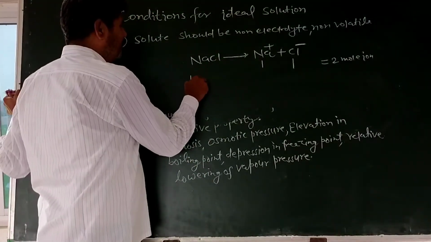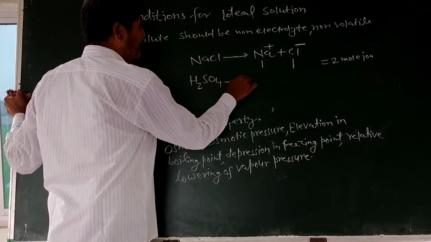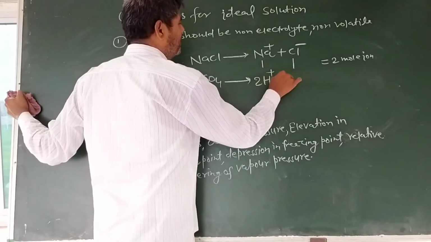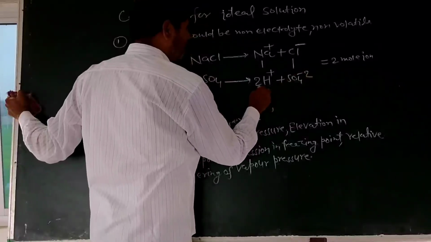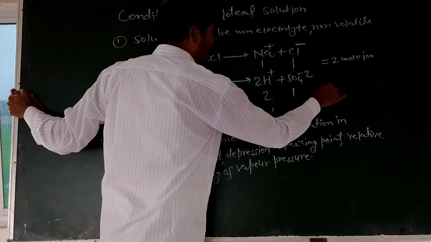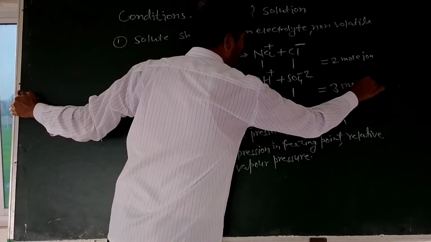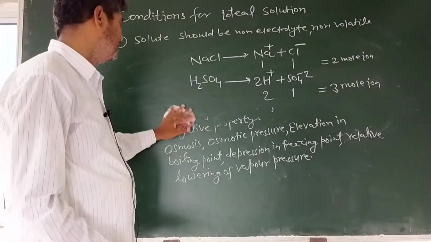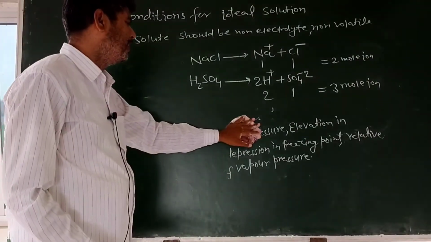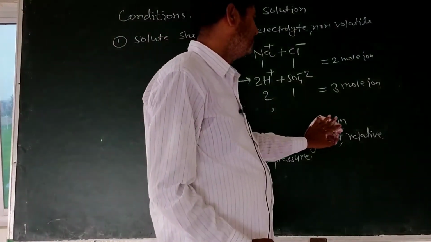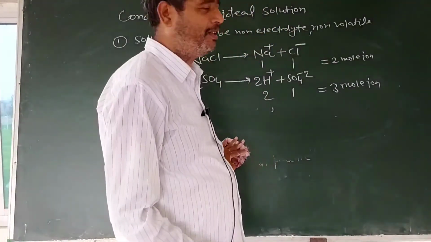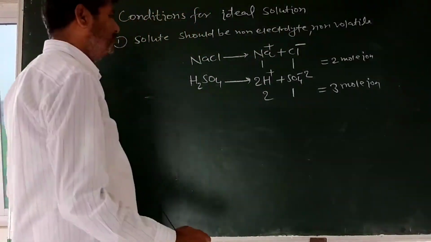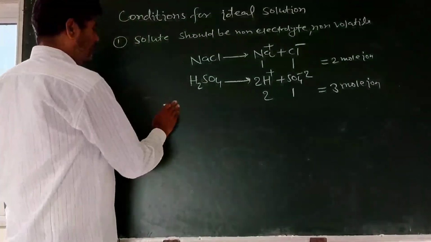Suppose our solute is sulfuric acid, it will further ionize. It gives 2 protons and 1 sulfate ion, 2 cations and 1 anion, total 3 mole ions. Thus, colligative property will differ from its expected value. So it is avoided, it is not taken for the ideal solution. One more example.